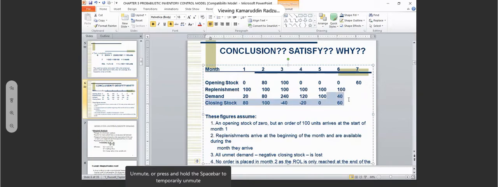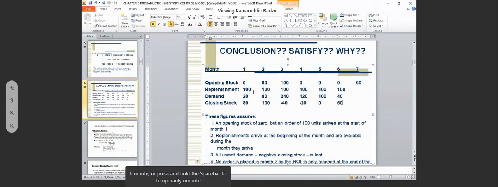So based on the data that we have, we use that data to develop the inventory policy to be applied in managing the inventory.